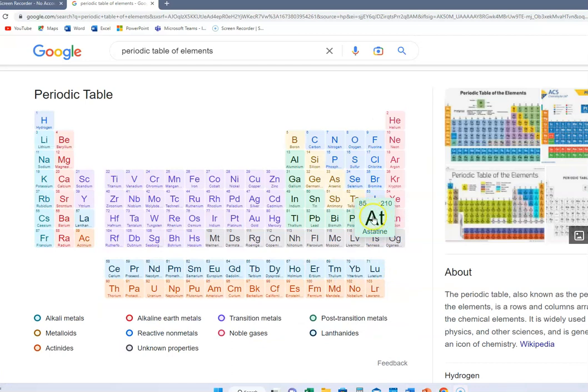It's element 85. You just move the cursor and you can clearly see the name right there, astatine. So that's element 85. For the very first thing, we don't even have to do any calculations, but we'll do the calculations anyway. It has 85 protons, so we need to know that.